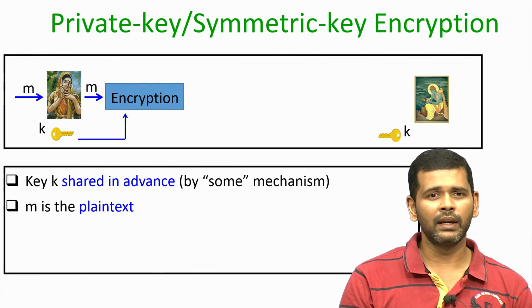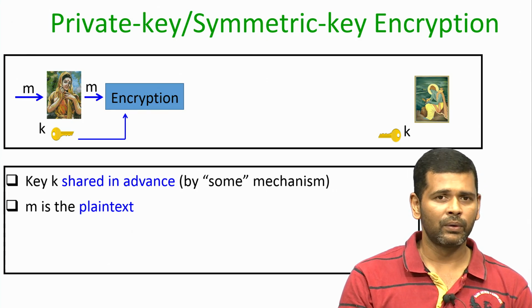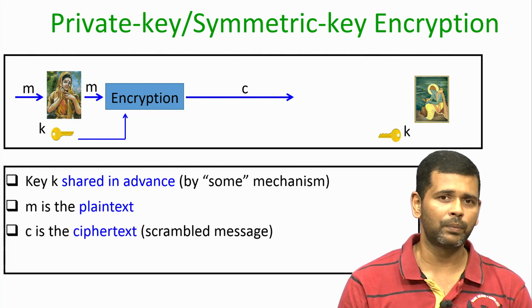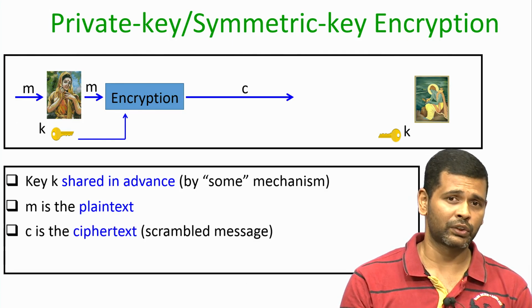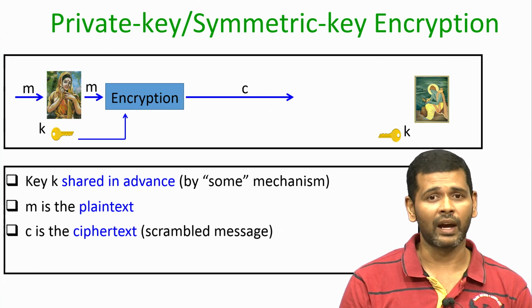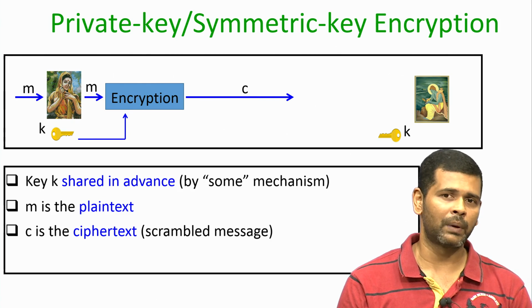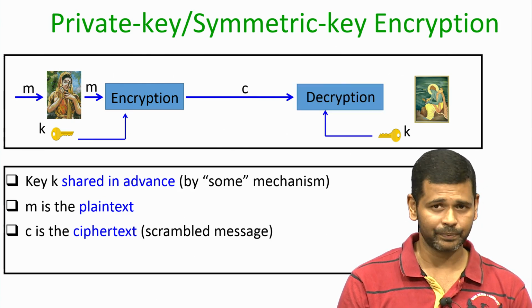Using the key, the sender uses an encryption algorithm which takes the message and the key as input, and it produces another bit string denoted as C, which is the cipher text or the scrambled text, which is communicated over a public channel to the receiver.